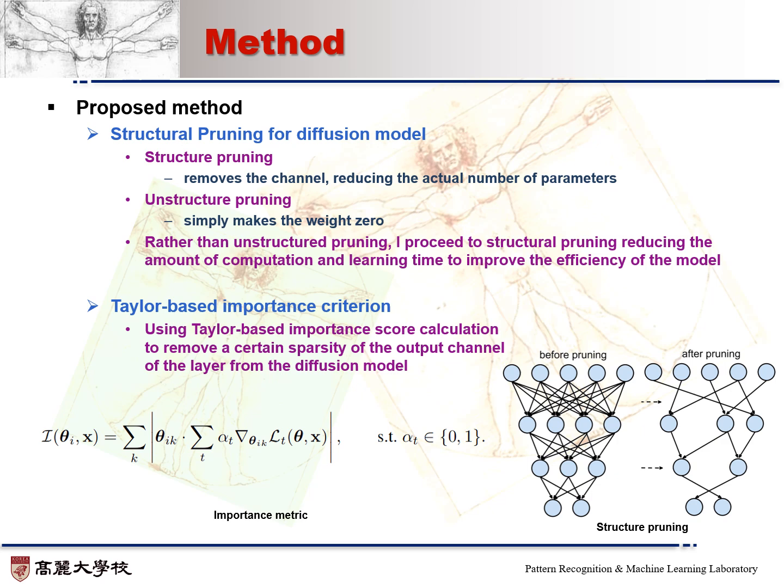The importance criterion is Taylor-based scoring. To decide which parts of the model to prune, I employ a Taylor-based importance criterion. This involves calculating an importance score for each output channel of the layer based on its contribution to the loss function.